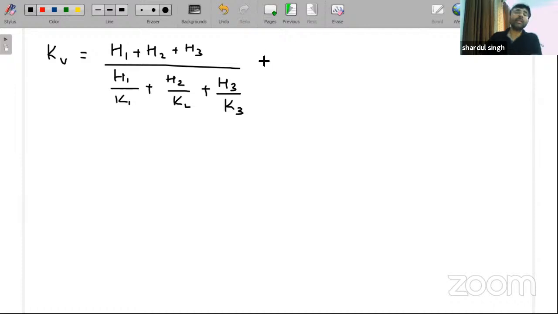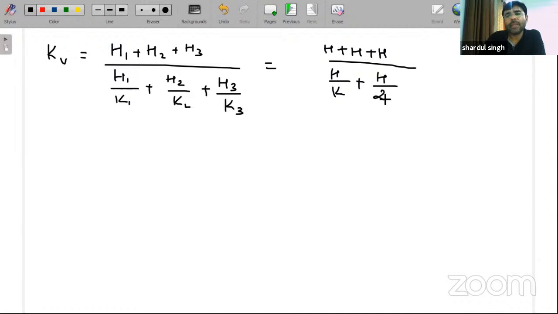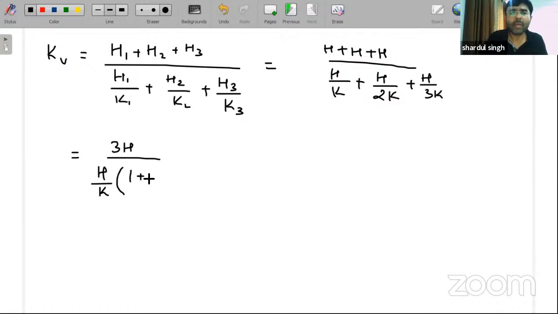Since all the three thicknesses are equal, we can write it as H plus H plus H upon H by K plus H by 2K plus H by 3K. So it will be equal to 3H upon, you can take out H by K common from here, and in the bracket you will be getting 1 plus 1 by 2 plus 1 by 3.